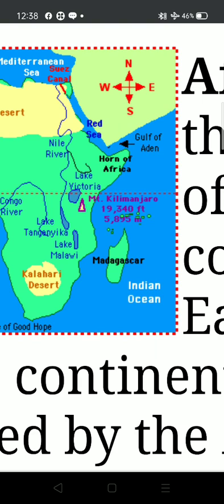So, from Africa, they brought people to America. They made them slaves. They extracted work from these people. These Africans, who were made slaves and brought to America, were tortured by these Europeans, children.